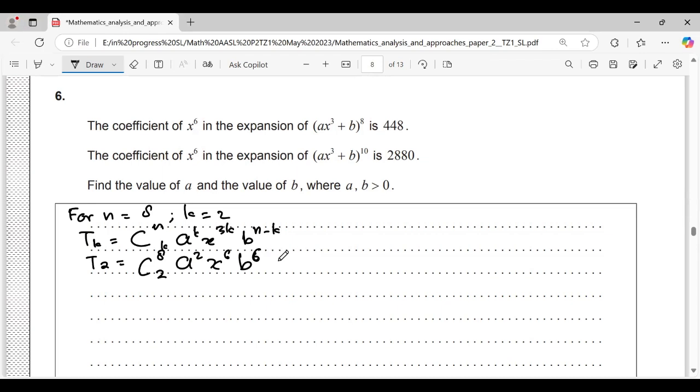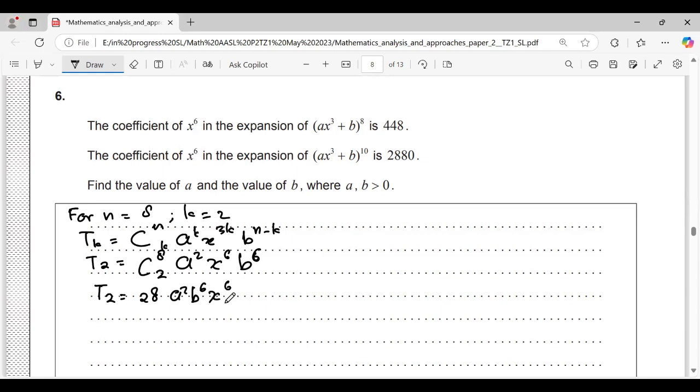Okay, so T2 is, this combination is 28, a squared b power 6 x power 6.